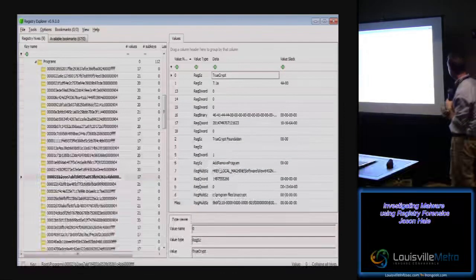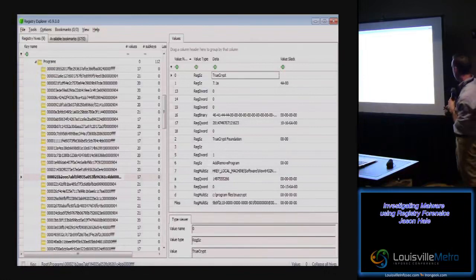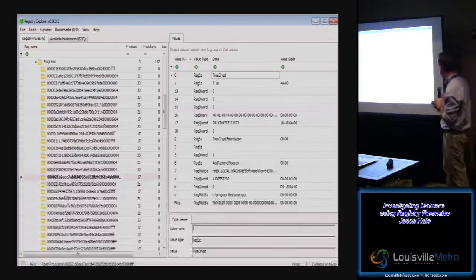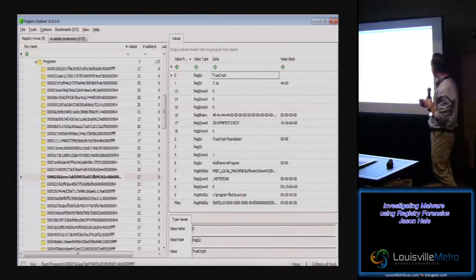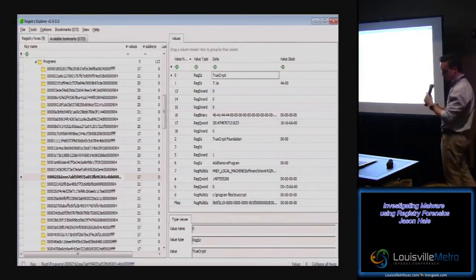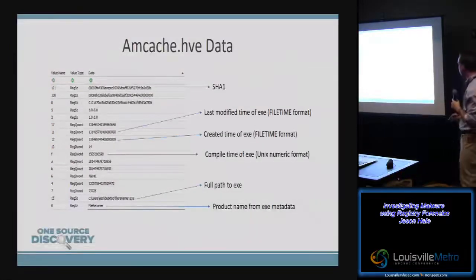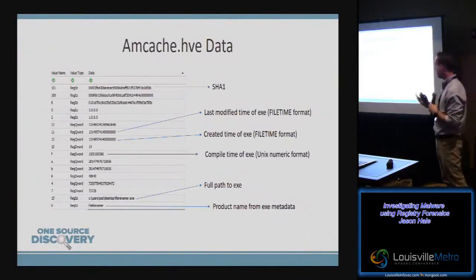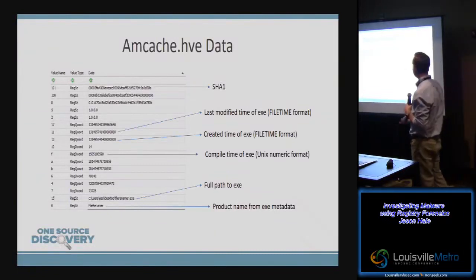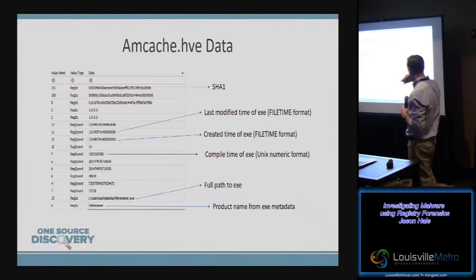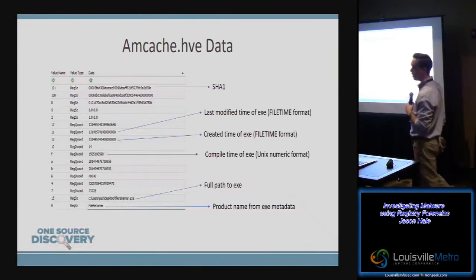If you look at the value names, you can see it's 0, 1, 13, 14, not exactly descriptive, right? We can see by the data, okay, maybe this is the product name, maybe this is the version, but some of this other stuff, we don't know what it is. Luckily, that's been documented, so a lot of this we can figure out. You can see at the top, we've got the SHA-1 hash.